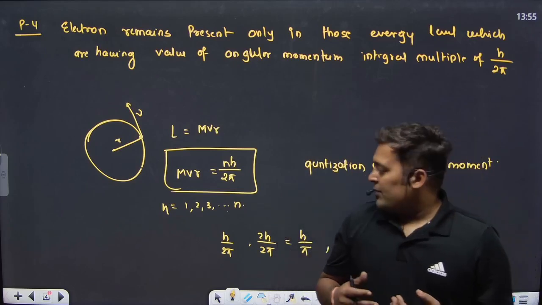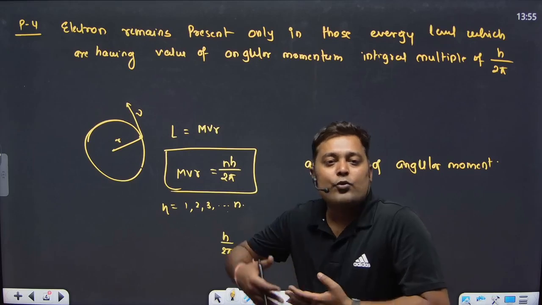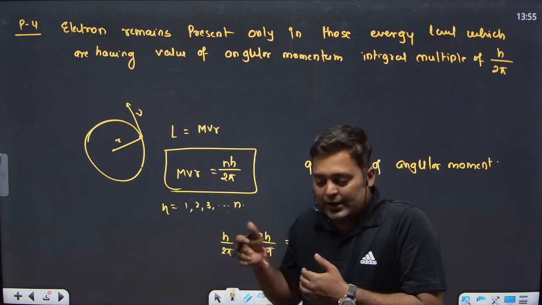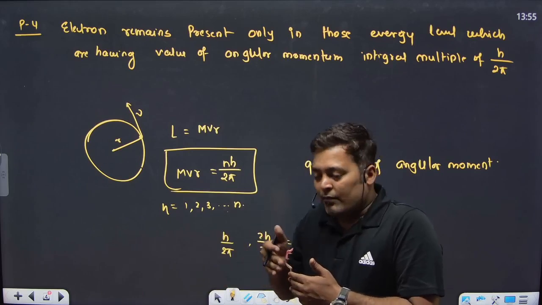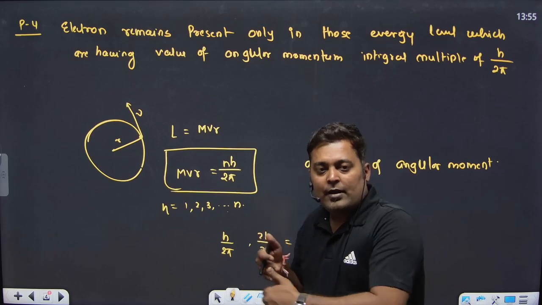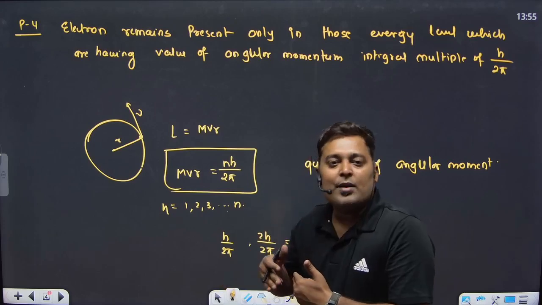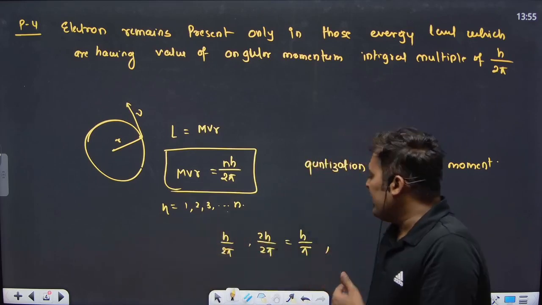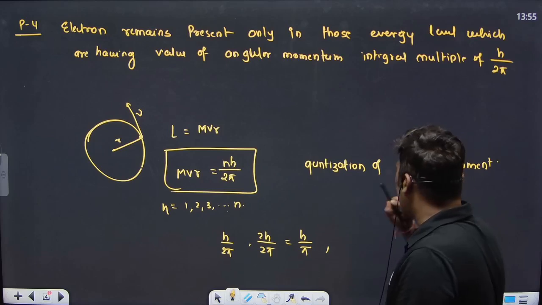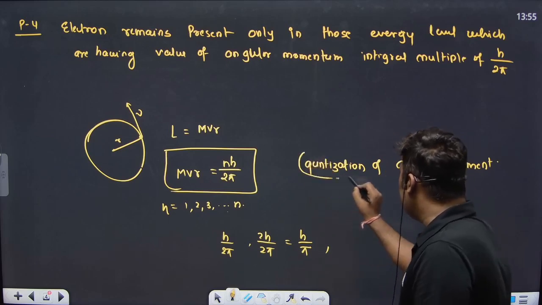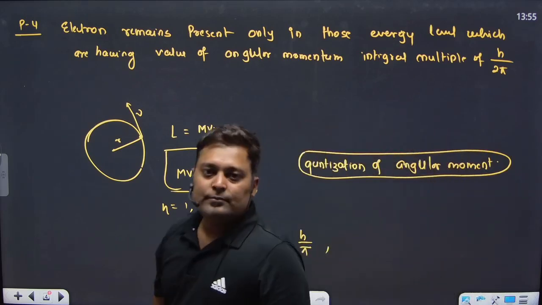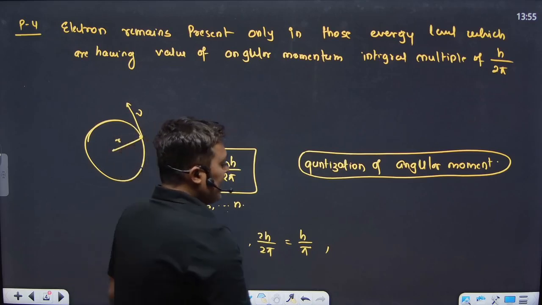For example, we can have one student, then two students, but we cannot have 1.5 students. So the student number will increase by 1 unit each time. Like this, it is called quantization of angular momentum, because it increases by a fixed number.